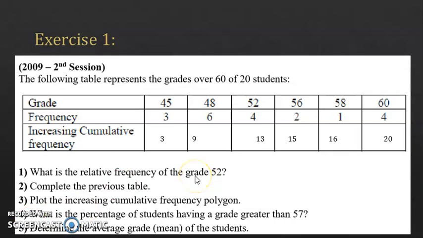Now on the x-axis, which corresponds to the grades, since they range between 45 and 60, I'll choose each 1 centimeter on the x-axis to correspond to 2 points for the grades. After that, we need to locate the points 45, 3, 48, 9, and so on. Now I'll try to do it after I gave you all these hints. You should be able to do it by yourself if you didn't do it already.